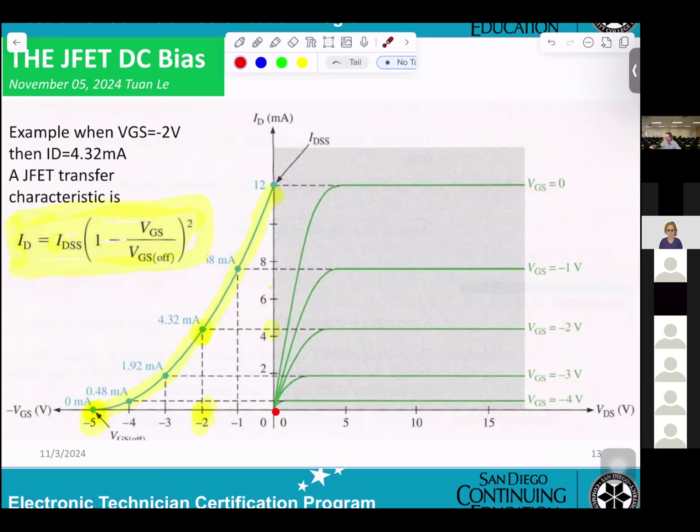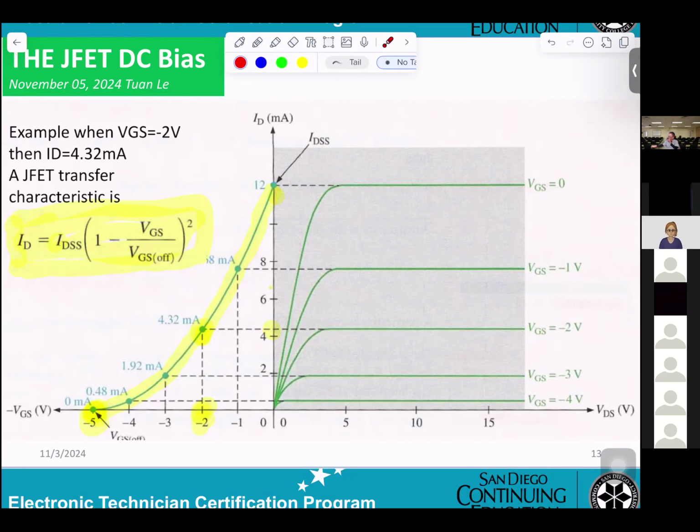You see that? And at the IDSS point, if you want to know VGS, you go down, 0. Any point on the curve can give you the value of VGS and also ID.